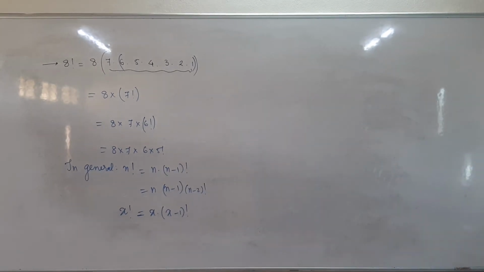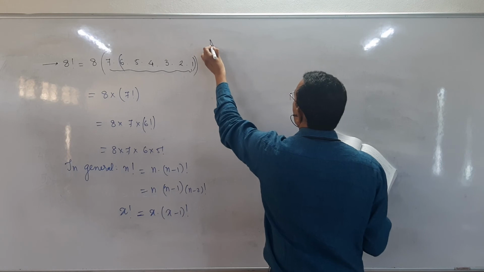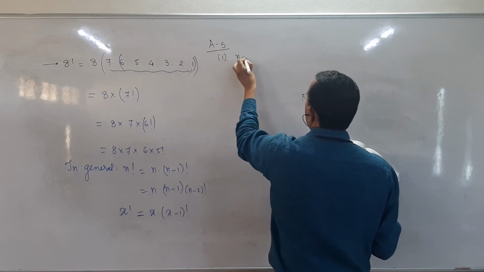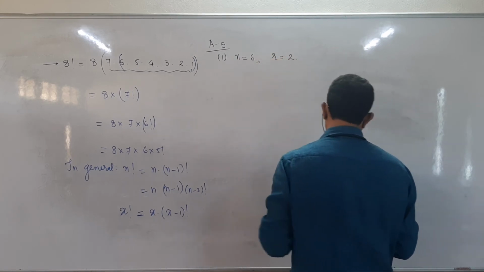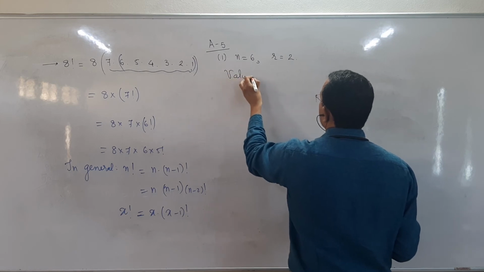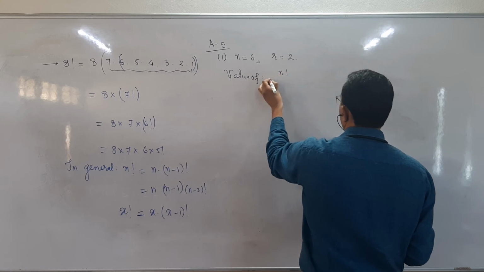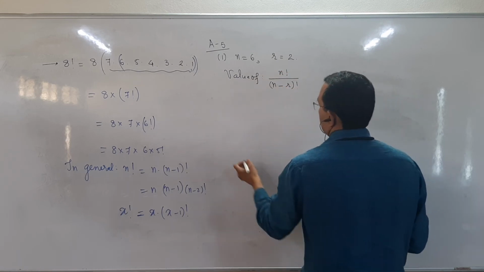Now, the first part of the sum given is n is equal to 6 and r is equal to 2. We have to find the value of n factorial upon n minus r factorial.